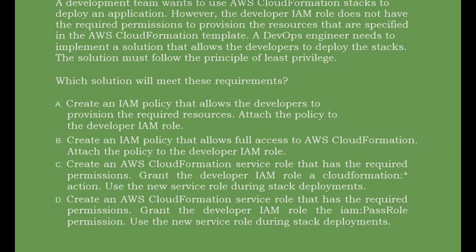Grant the developer IAM role a CloudFormation action. Use the new service role during stack deployment. Option D, create an AWS CloudFormation service role that has the required permissions. Grant the developer IAM role the IAM PassRole permission. Use the new service role during stack deployments.